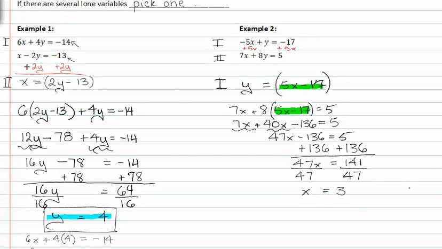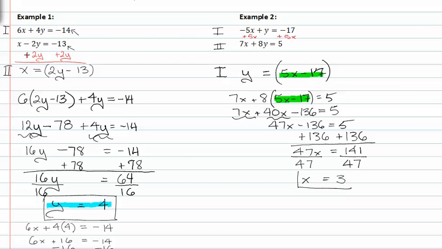I know x now, and so now I can substitute that back up into my first equation. So I have negative 5x, where I take x and substitute 3 in for it, plus y is equal to negative 17.